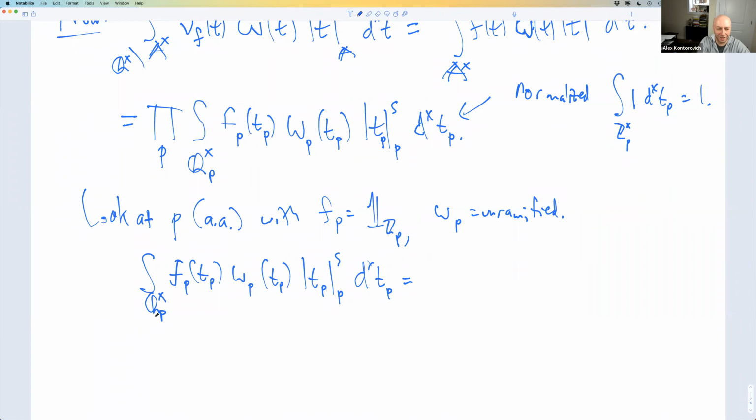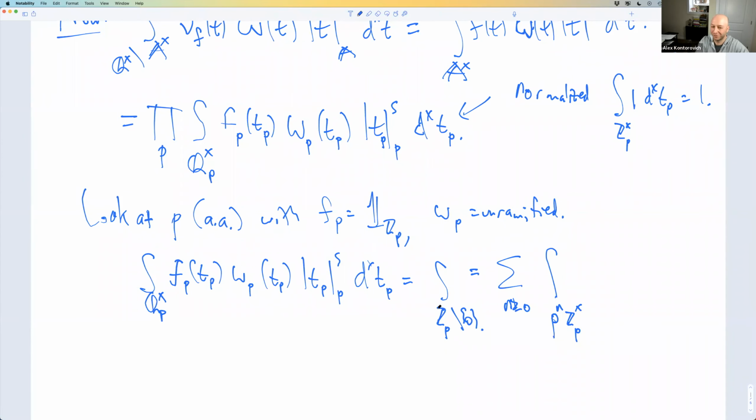So this integral is actually an integral just over Z_p take away 0. The only element of Q_p that's not in Z_p is 0. Then I have this omega_p. And remember, the integral over Z_p take away 0 is a sum over positive integers n of the integral over p to the n Z_p cross.